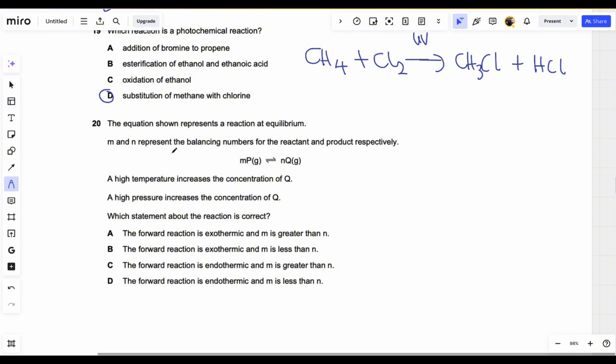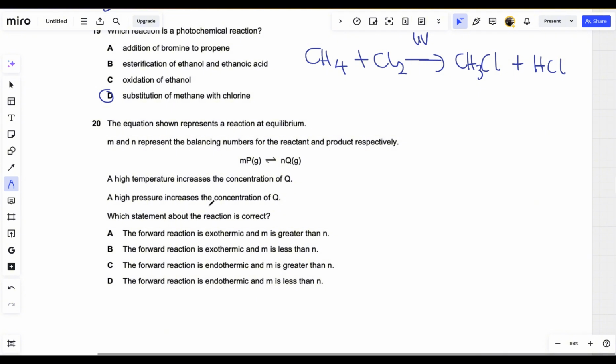So M and N represent the balancing numbers for the reactants and products respectively. This is the balancing number for the reactant, this is the balancing number for the product. Now, a high temperature increases the concentration of Q. So if you increase temperature, the concentration of Q will increase.